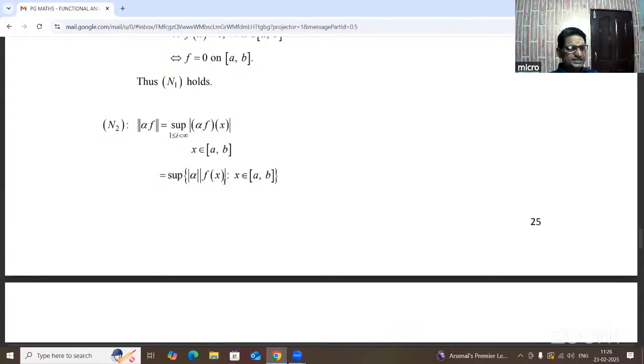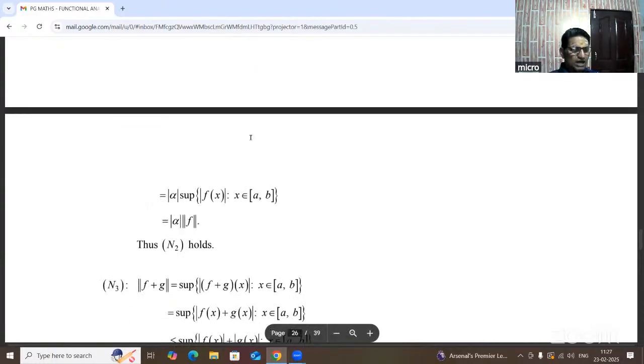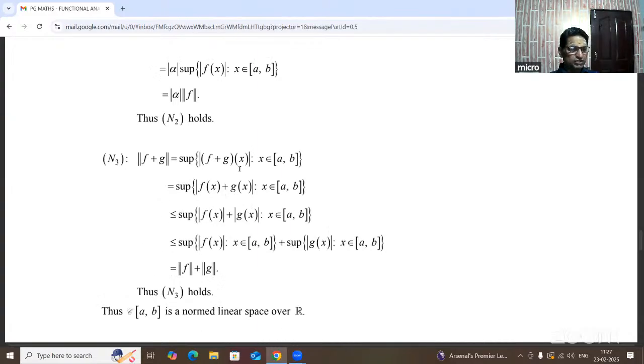The second condition is the norm of alpha f, which is the supremum of mod alpha f(x), where x belongs to [a,b]. It can also be written as the supremum of mod alpha times f(x), which is mod alpha times the supremum of mod f(x). So finally, mod alpha times the norm of f. That is, the second condition holds good.